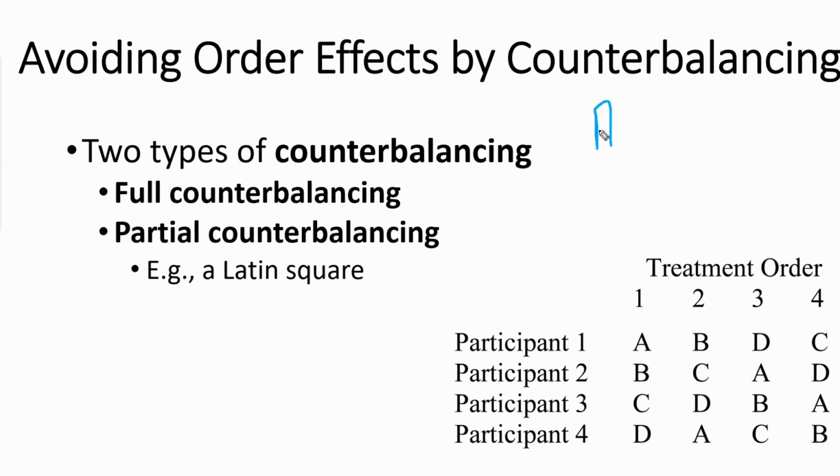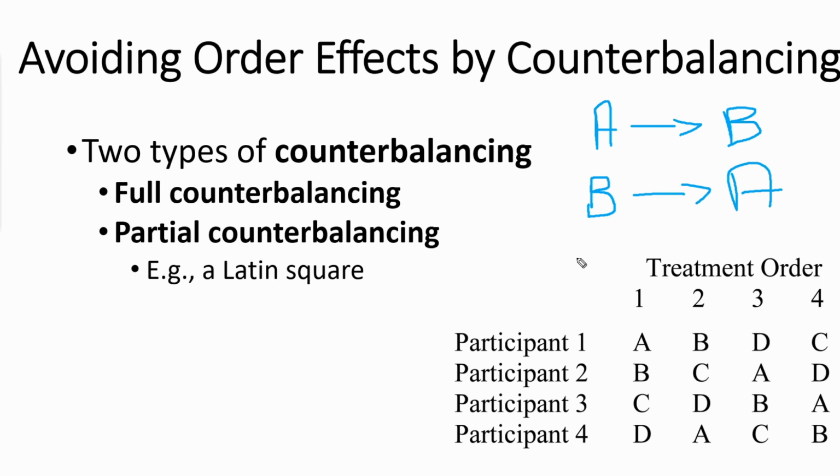So if we have A and then B, so this would be condition A and this is condition B, some people will get A first and then you test their dependent variable. You would measure the dependent variable. Then they get exposed to condition B and then you would measure the dependent variable. Again, the other group of people would get B first and then A.